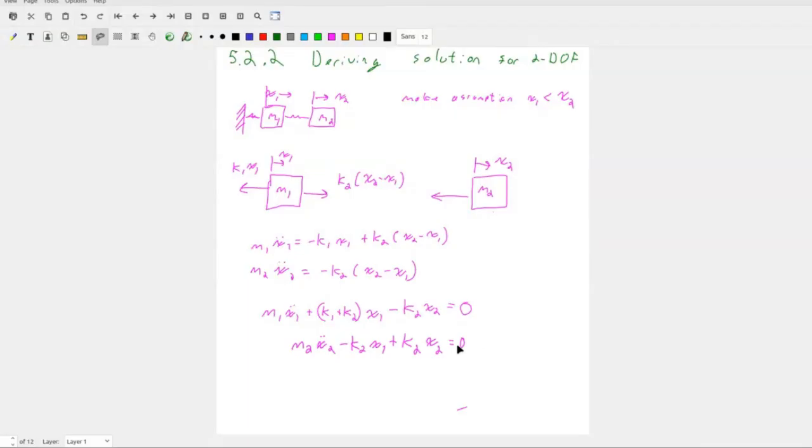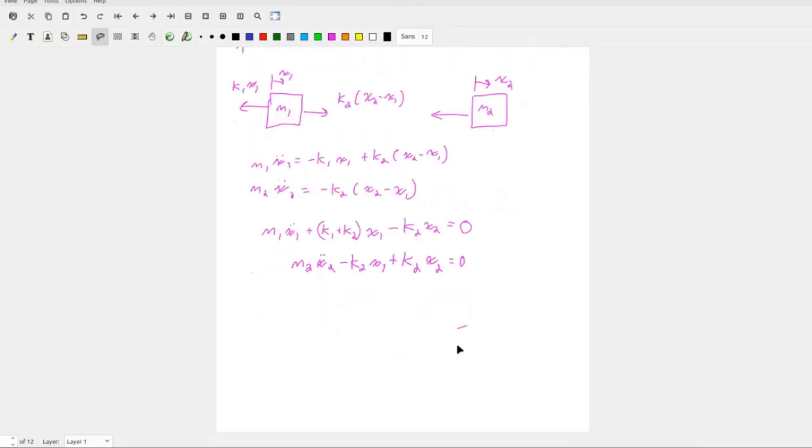So these are two coupled second order differential equations, and they each require two initial conditions to solve, right?